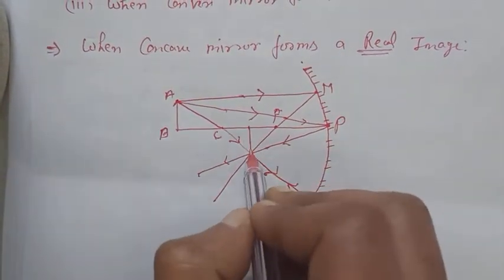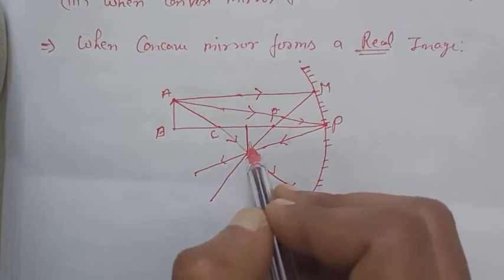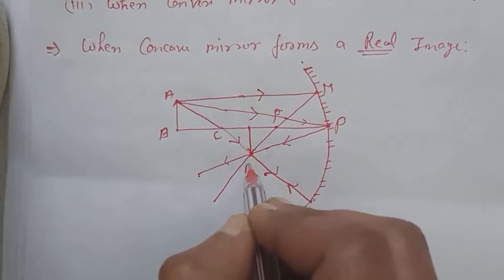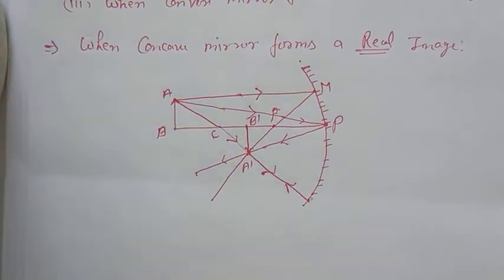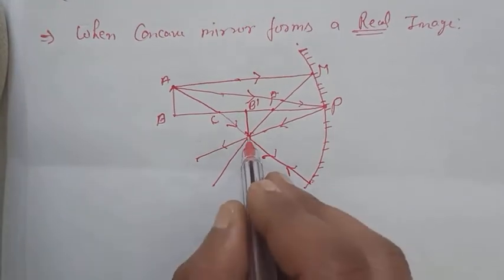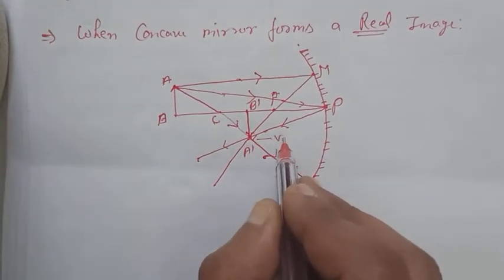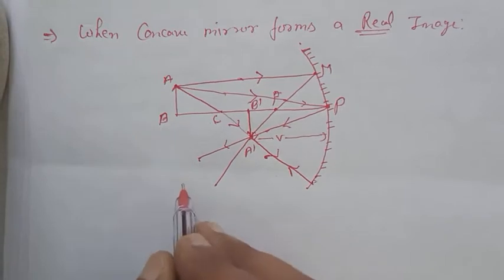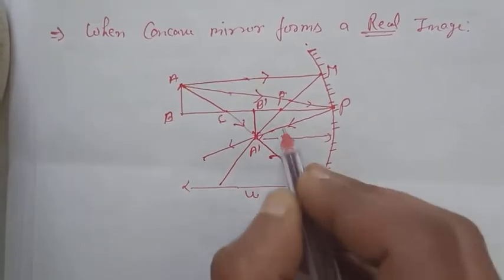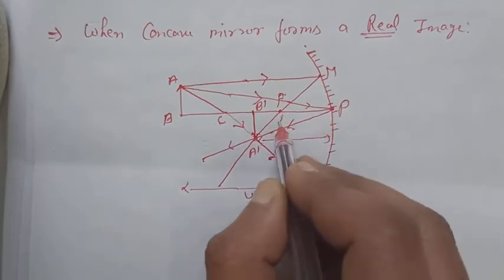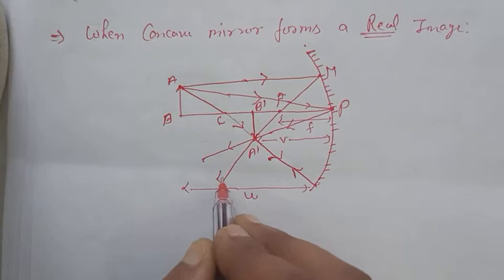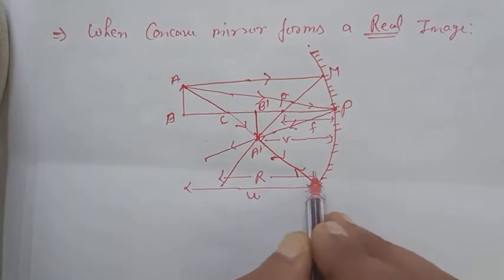And this is the position of the image for a concave mirror when it forms a real image A dash B dash. This is the complete diagram. This position is the image distance, the object distance is represented by U, the position of F is the focus, and the position of C is the center of curvature.